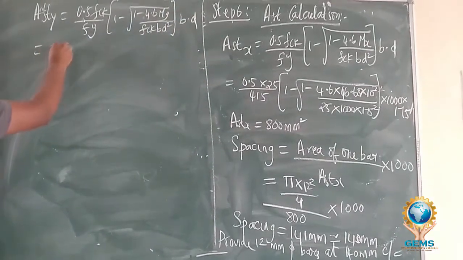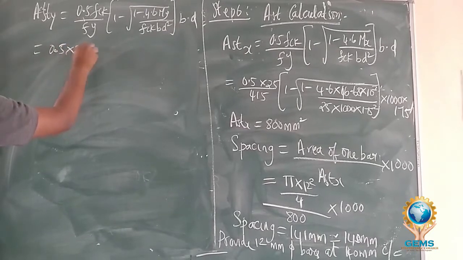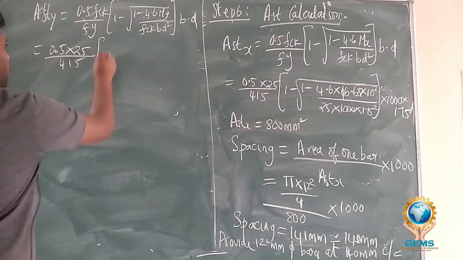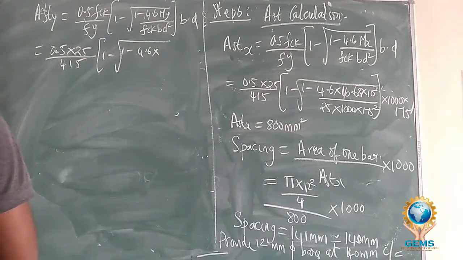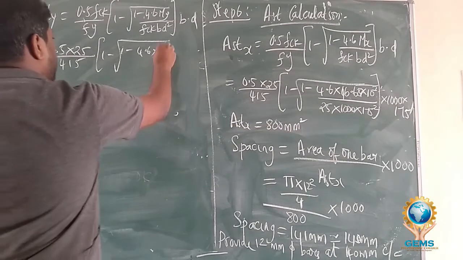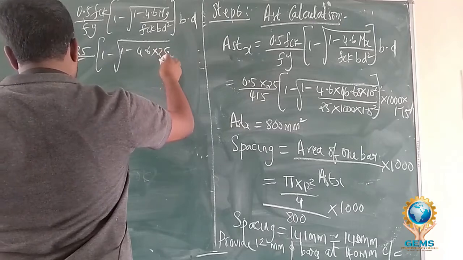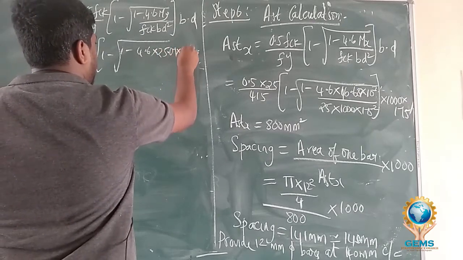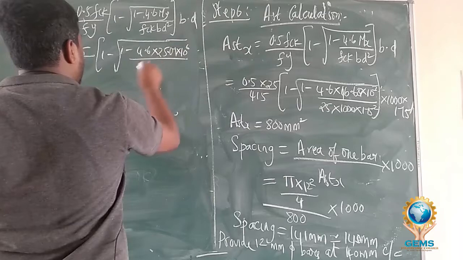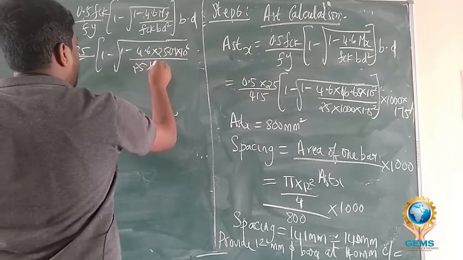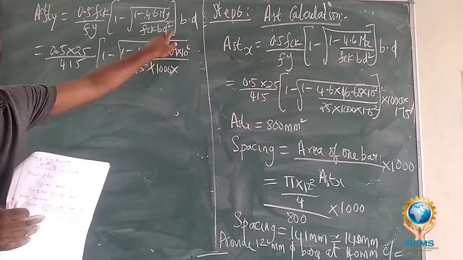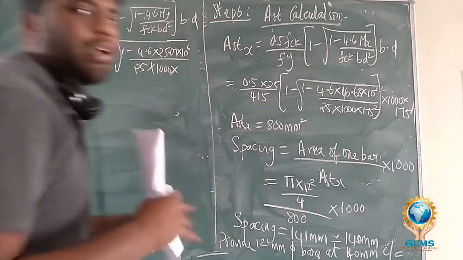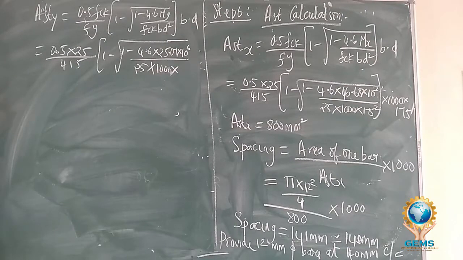Substitute 0.5 into 25 divided by 415 into 1 minus root of 1 minus 4.6 into My value, which is 25.07 into 10 to the power of 6 divided by 25 into 1000 into... here your effective depth will not be 175 mm. I will teach you why the effective depth will not be 175 mm.